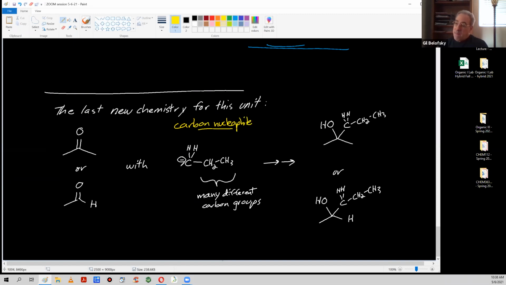And so, H- hydride nucleophile, OH- oxygen nucleophile, amine nucleophiles, carbon nucleophile. Somehow you've created a carbon that has a negative charge like this.